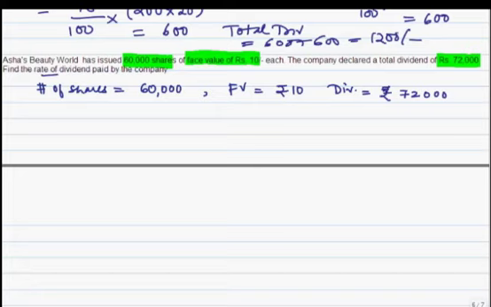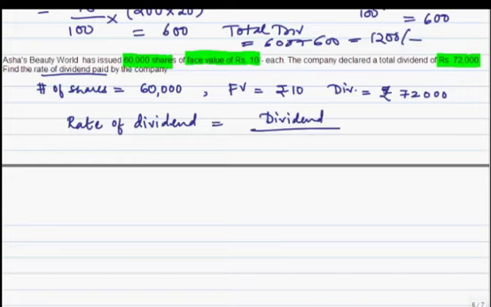Now we have to find out what is the rate of dividend. This is a problem which is exactly similar to the previous one. We can do it directly because now we are good in doing calculations, but in case you still get confused, you can look back at the previous problem. So rate of dividend is the total dividend paid or offered divided by the total face value of whatever number of shares is issued, multiplied by 100.